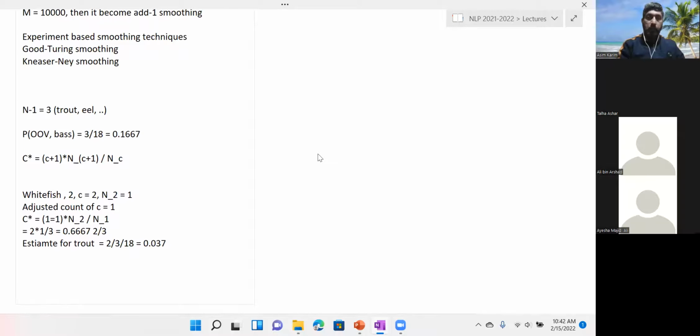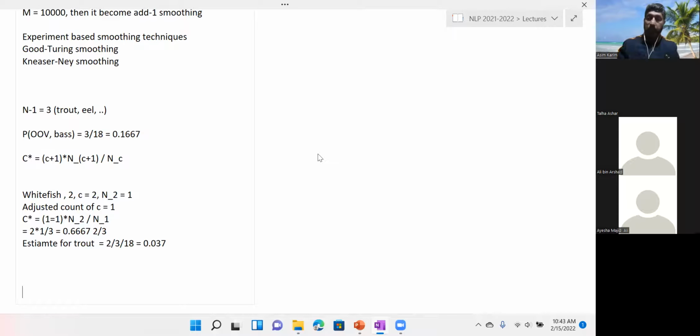So you notice that the number of things that do not occur, as we saw for example in Shakespeare's writing, the number of bigrams that did not occur were in the millions. So we simply took the probability mass from the things that occur once and gave all of it to the millions of unobserved events.